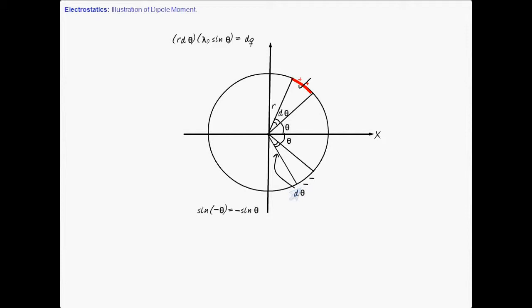The charge will be r d theta into lambda naught sine theta with a minus sign. This is the charge on the element.